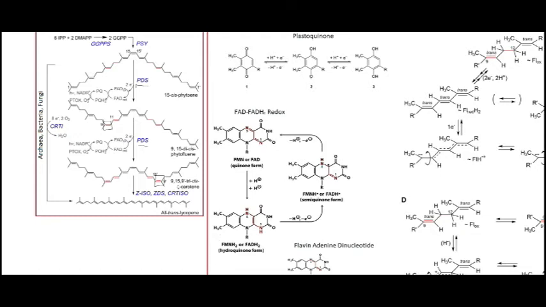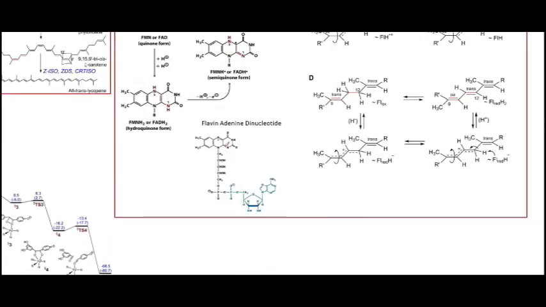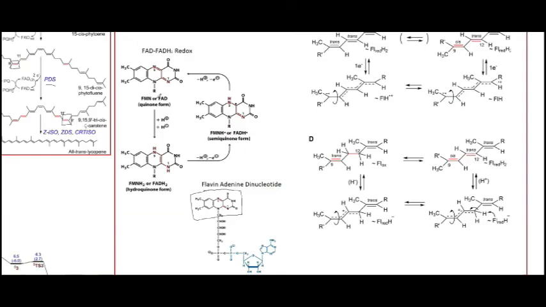This is the redox of the FAD, the full molecule here, the flavin adenine dinucleotide. We're going to focus on the flavin part of it up here. So this is the redox of flavin adenine dinucleotide. When we reduce it, we take this nitrogen here and add a hydrogen onto it, and we take electrons with it.